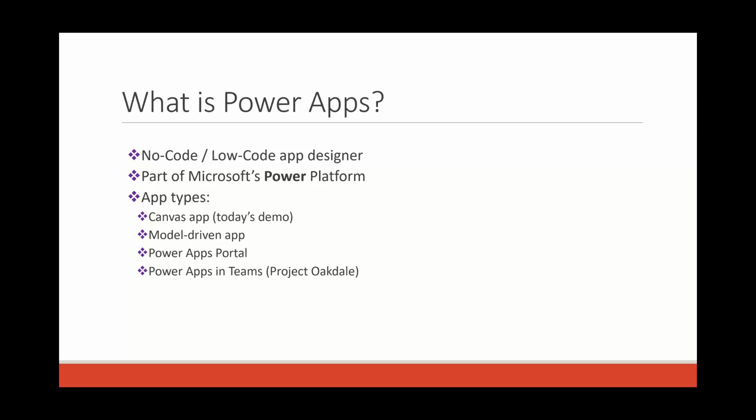So for standard connections to Microsoft 365 things, everything in that is free, including the Power Virtual Agents, which otherwise is quite expensive. So if you can do what you're trying to do within a team, then Project Oakdale is probably the way to go.